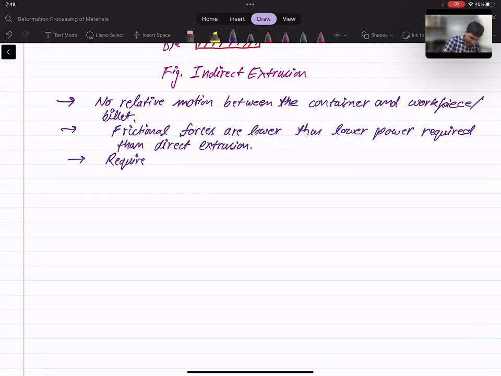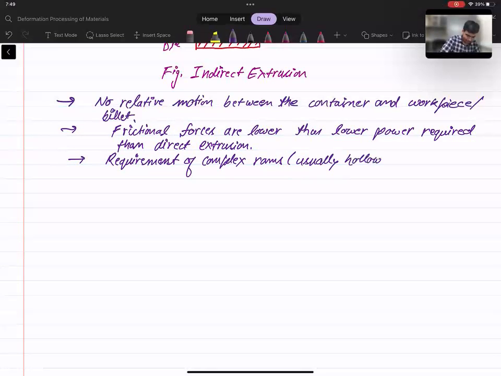The requirement of complex rams, usually hollow, becomes a disadvantage.